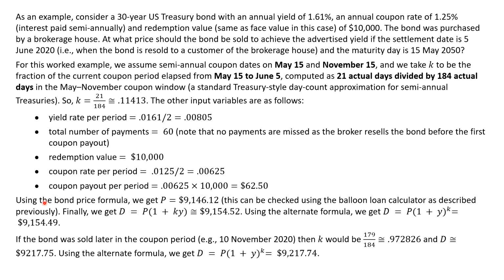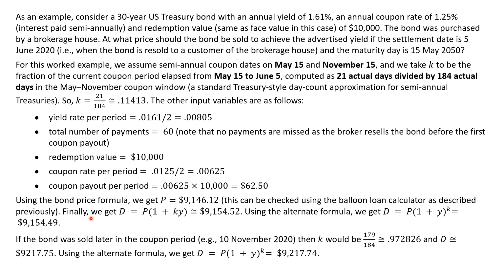So if we use the bond price formula that we've been mentioning before, we get this price here. And that would be the price of the bond at the issuance in order to produce this particular yield, 1.61.